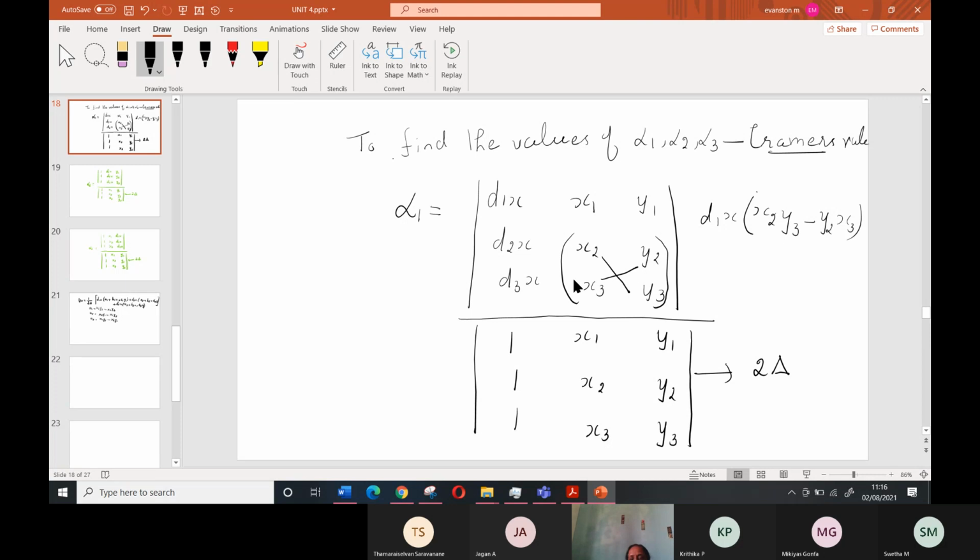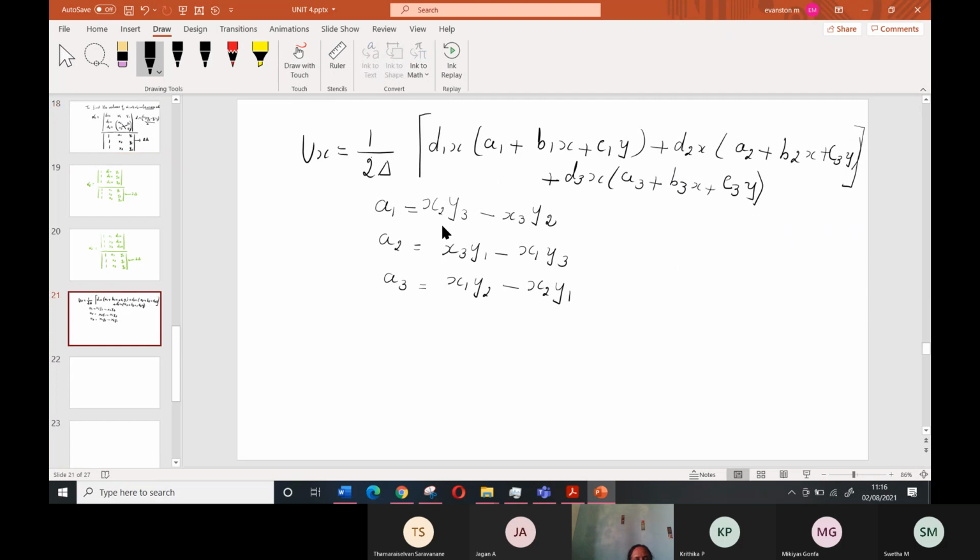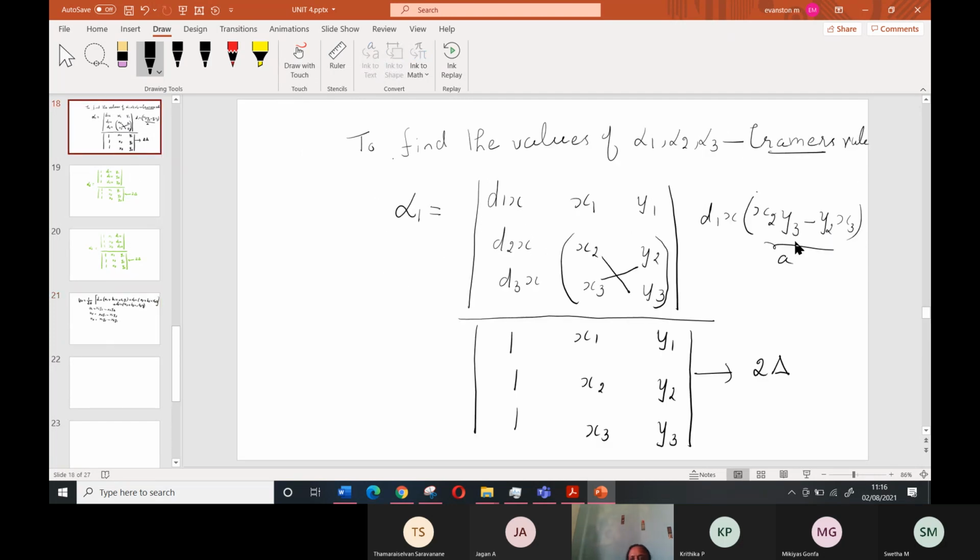This is what I have taken as A. Can you check whether what I have written as A is correct or not? A is x2 y3 minus x3 y2. So what I have taken as A is correct. So what I have done is I have found out the value of d1x.